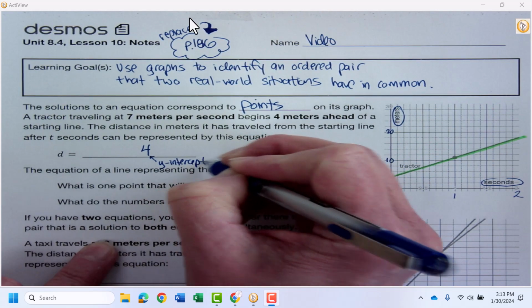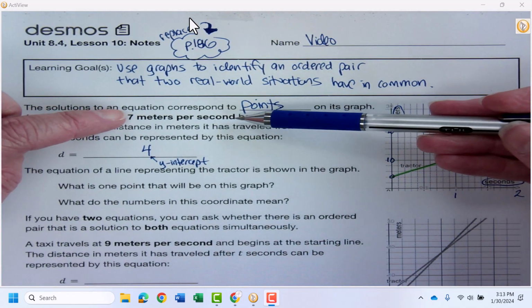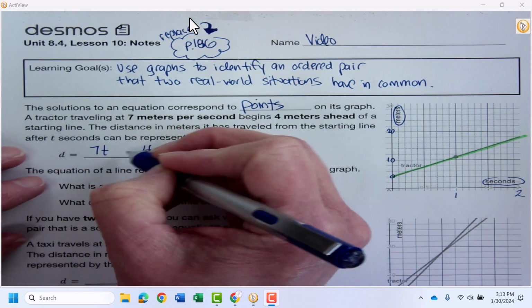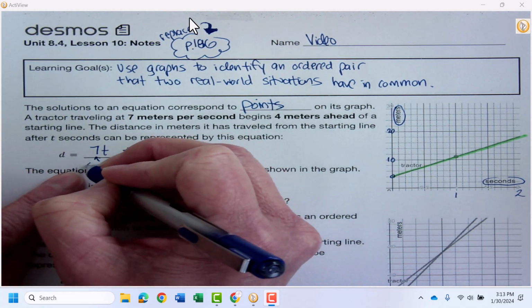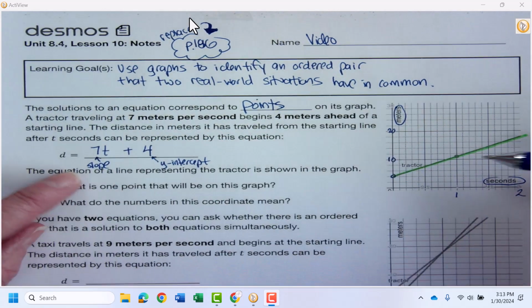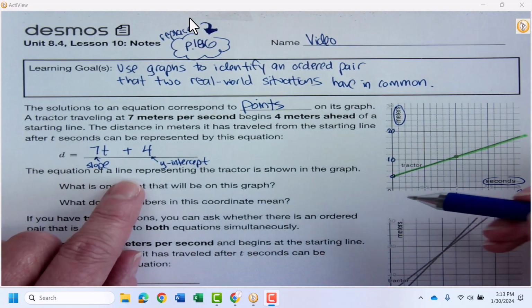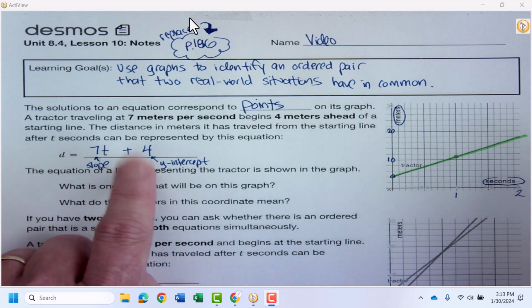This is just good review. And the rate of change is the slope. So 7 meters per second. 7 is going to be the slope. So this line has a slope of 7. So there's our equation.